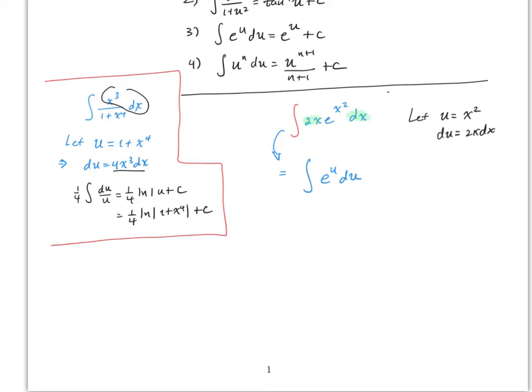So there's no need to multiply or divide by anything. Now, according to integral number 3 of the basic integrals, this is just equal to e to the u plus c, which in our case will be e to the x squared plus c, because that was the value for u. And that's it. Okay. So this method is still going to be very useful.